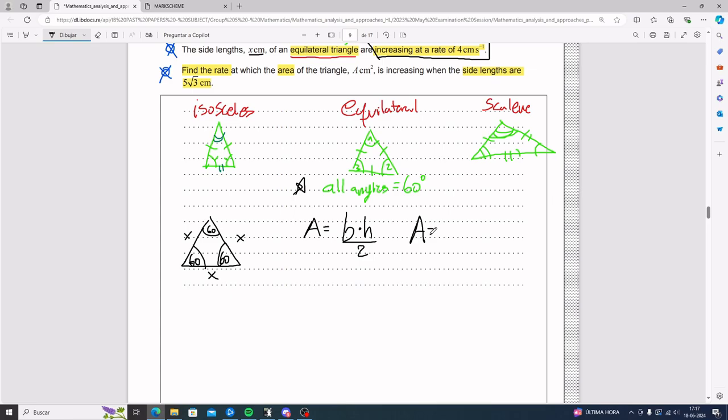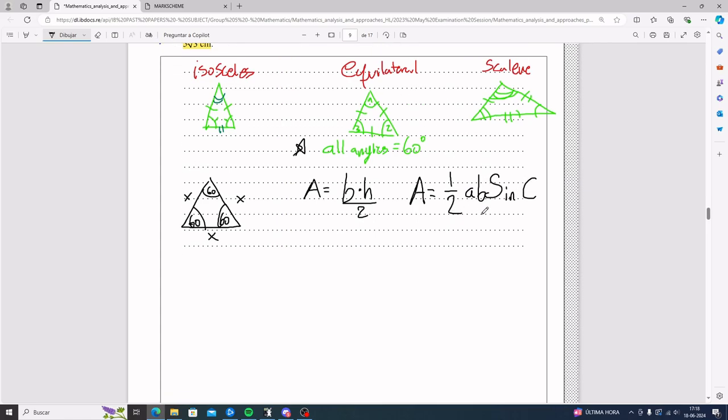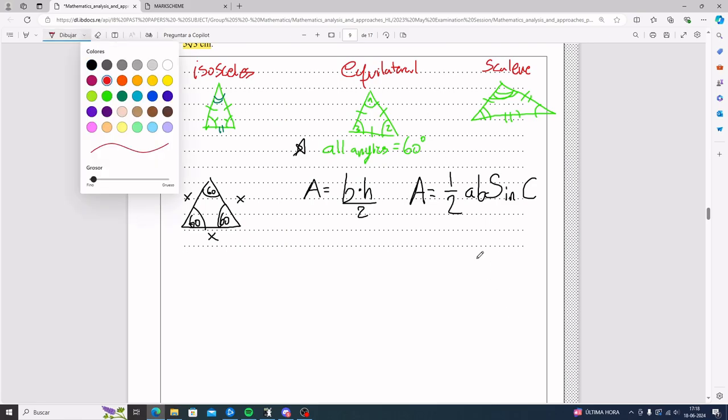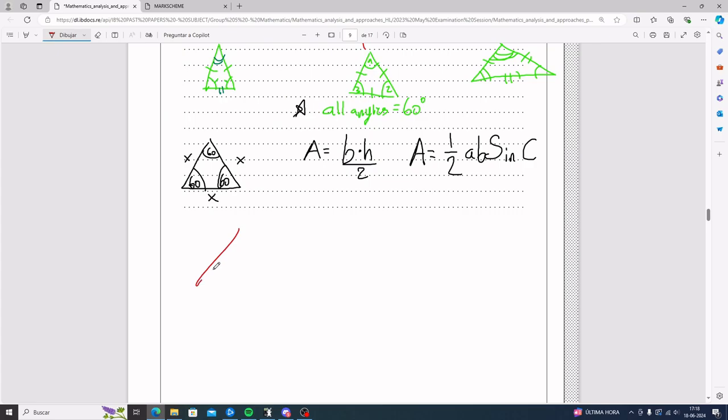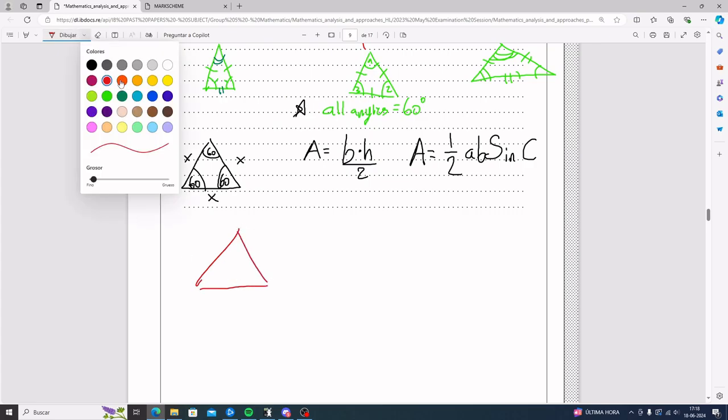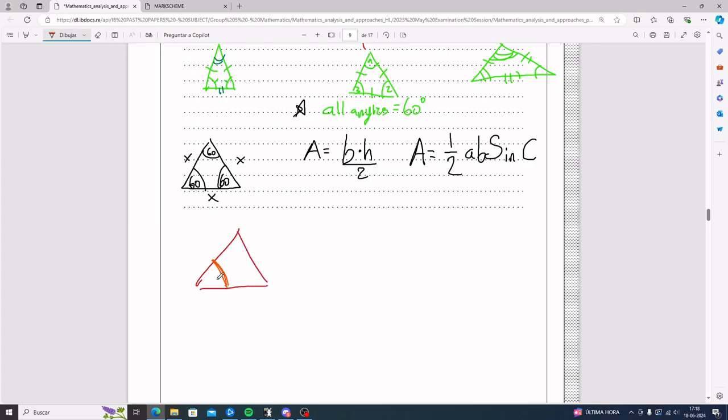Or you can also use the trigonometry version of the area of a triangle, which is in your formula booklet and goes like this: 1/2 times a times b times sine c. Now, all this is really asking for is that for the area of a triangle, all you need is some angle C and the sides A and B that are next to it.